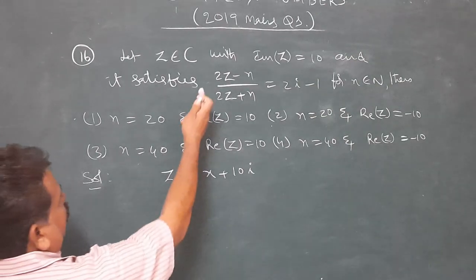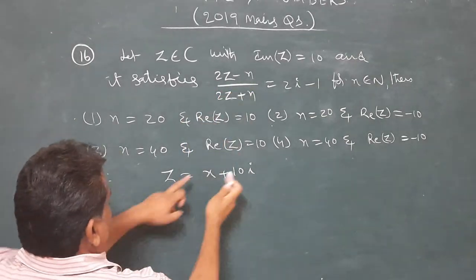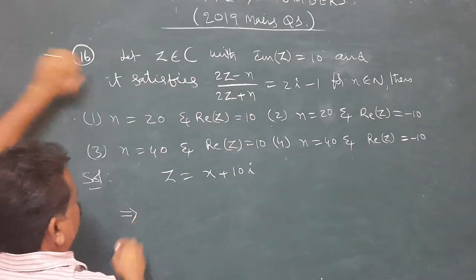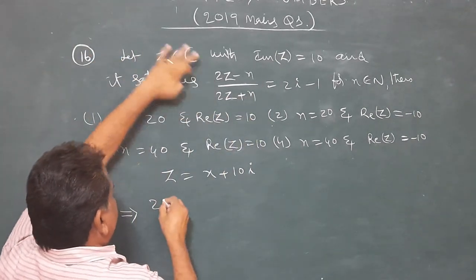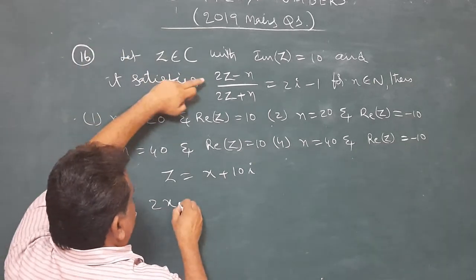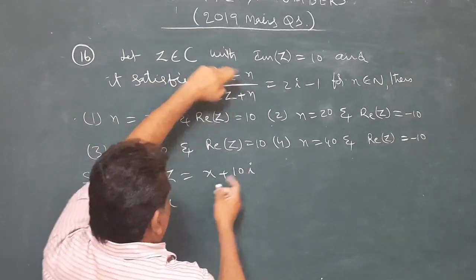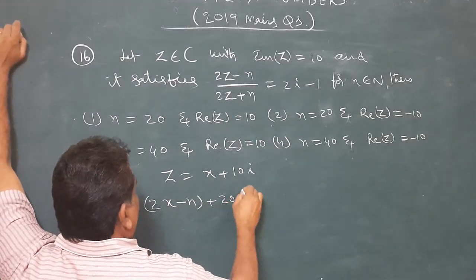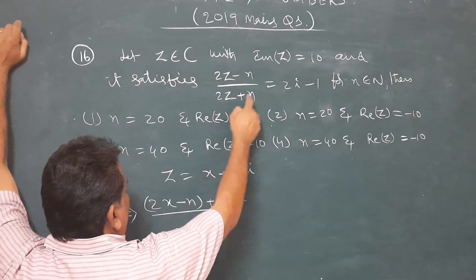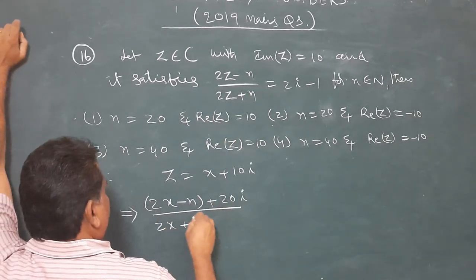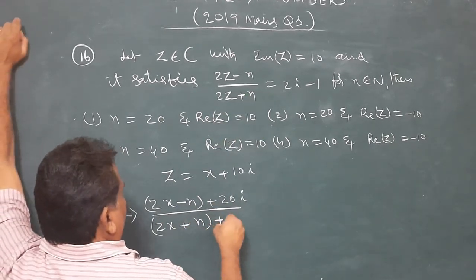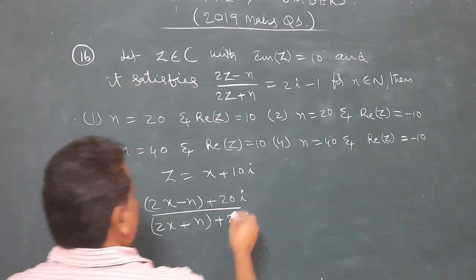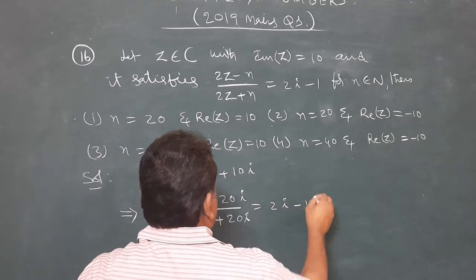Now we have to find x as well as n. Here the condition is 2z minus n; substitute this z here. 2z minus n means 2x minus n plus 20i, by 2x plus n plus 20i, equal to 2i minus 1.